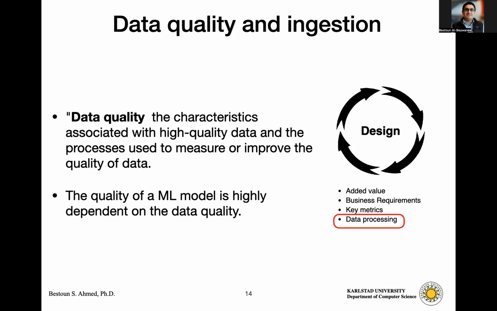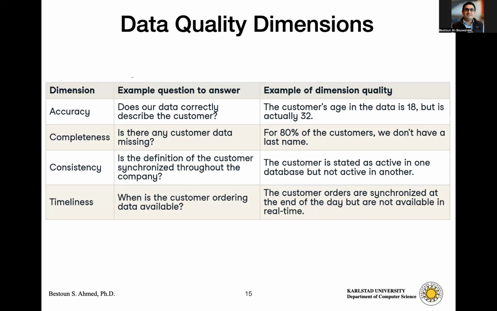If you remember also, we were talking a lot about data quality and ingestion, and the data quality is very important here during the data processing. How the data quality is considered during this phase is very important. The quality of the machine learning model is also highly dependent on this data quality.